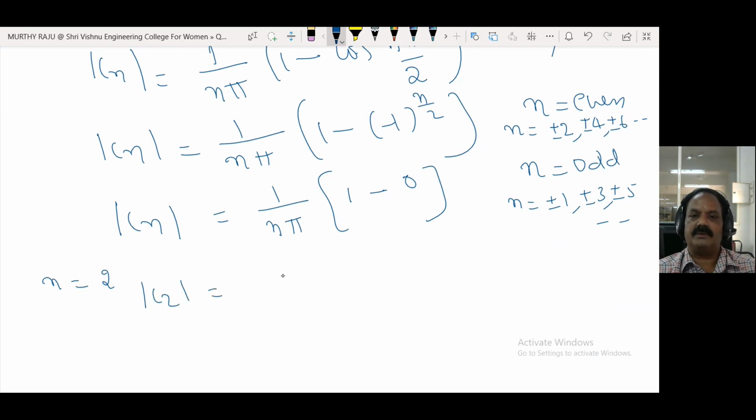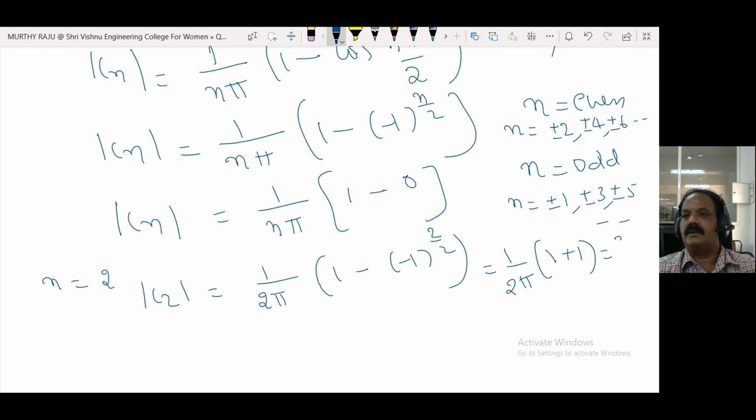Mod C2 is equal to 1 by 2 pi, 1 minus (-1) to the power 2 by 2. 2 by 2 is 1, and (-1) to the power 1 is minus 1, minus into minus is plus. That is 2 by 2 pi, that is 1 by pi.